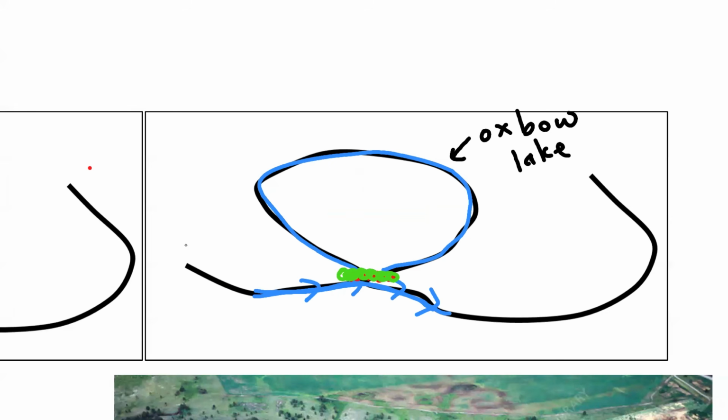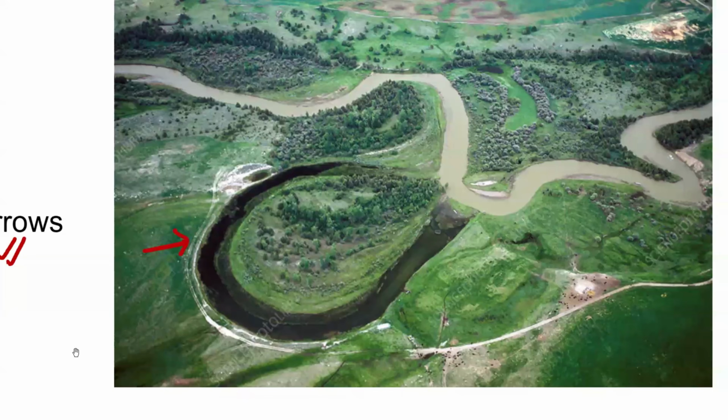All right, cool. I wanted to show you guys that this is how we end up having the meander loop become the oxbow lake. You can see that now the water is left on its own there. The water is no longer coming from the river. We just have water on that side, but the mainstream, the main river, is this one.